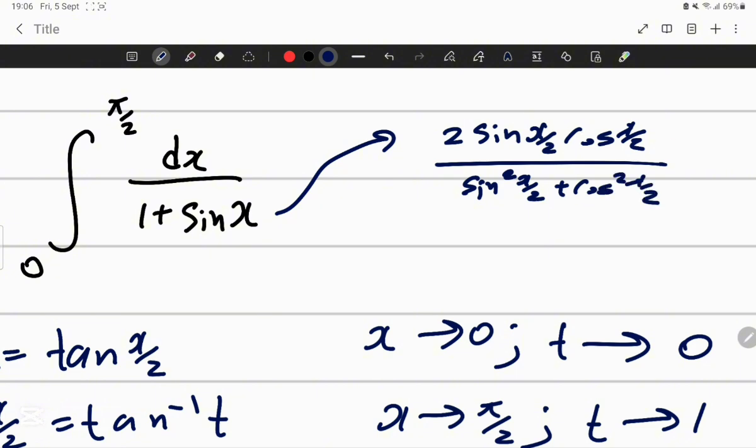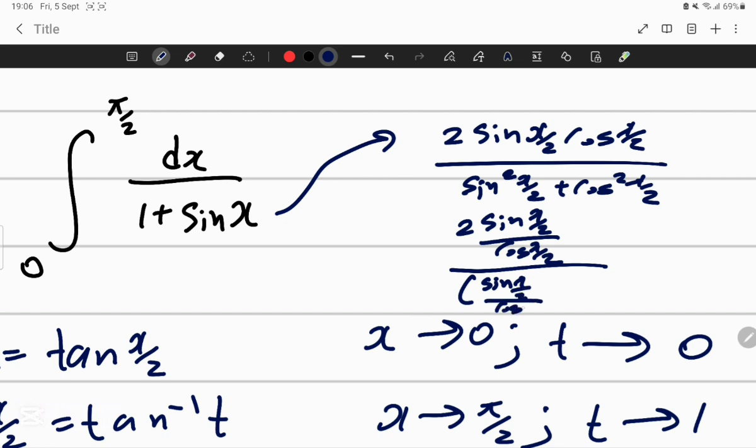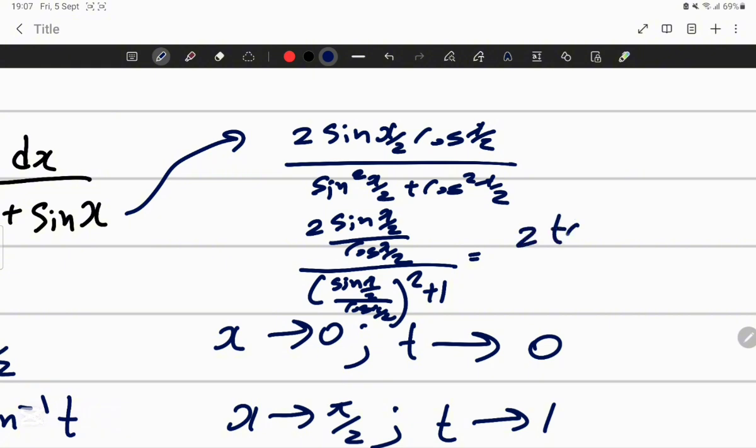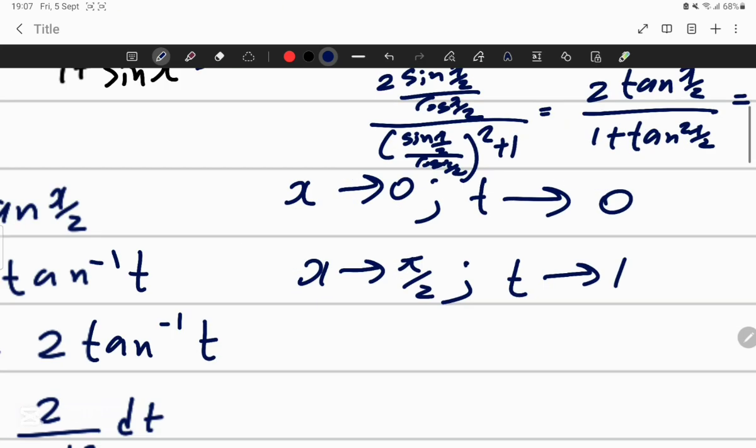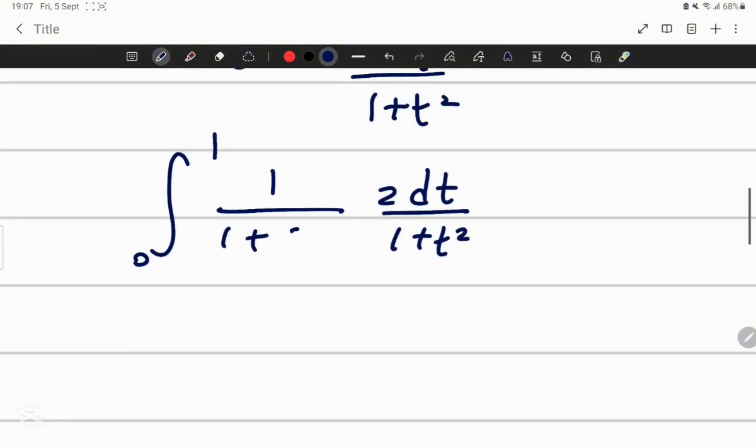Now I am going to divide both up and down by cos square x over 2, which gives tan x over 2 over tan square x over 2 plus 1, which is what? 2 tan x over 2 over 1 plus tan square x over 2, which is 2t over 1 plus t square.